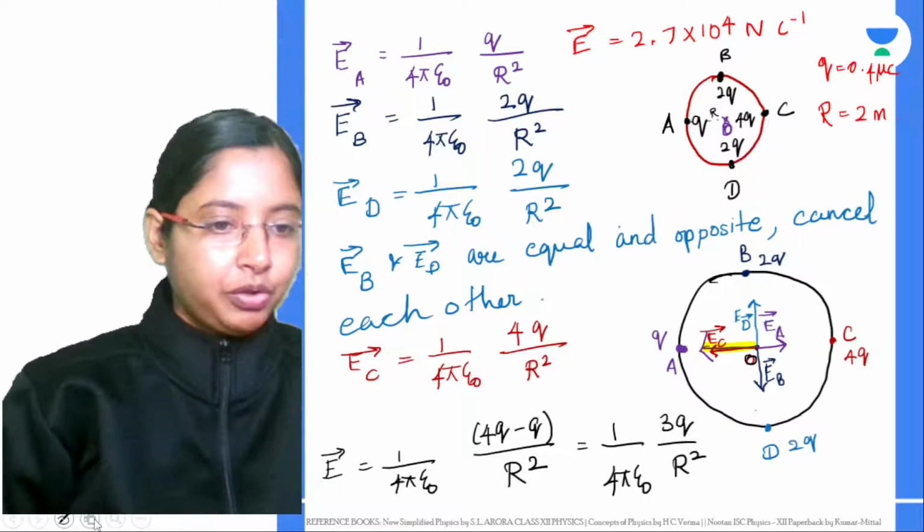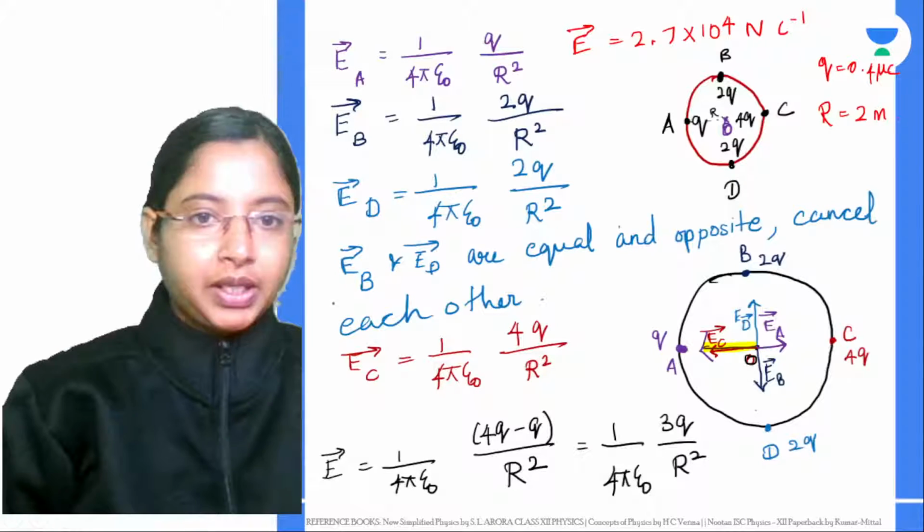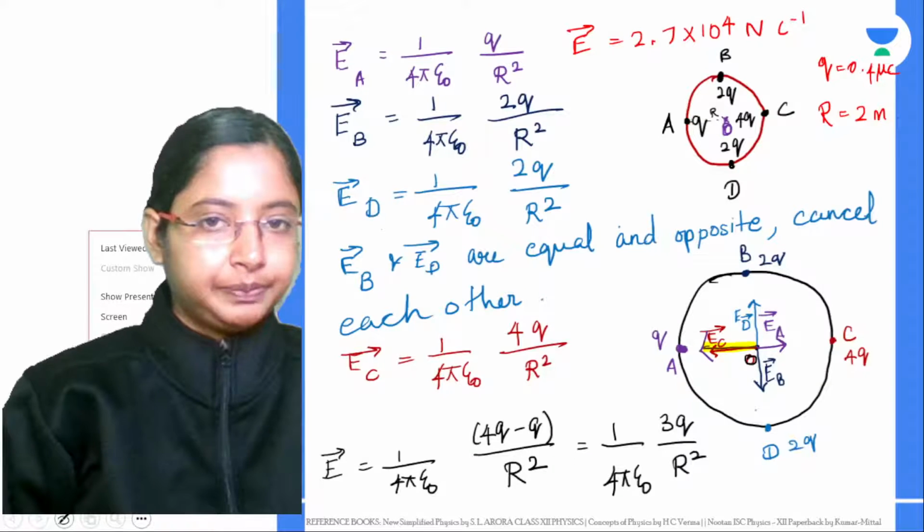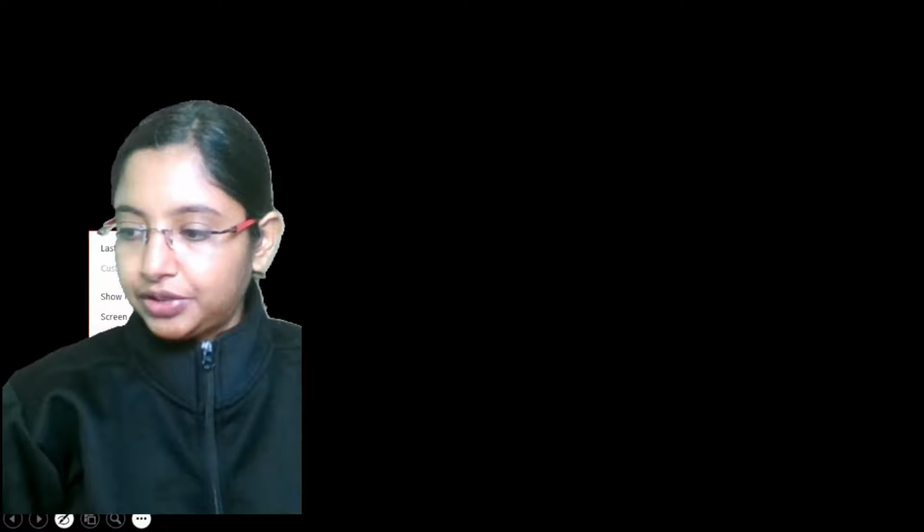And let's do one more question then, based on our electric field lines. This time let's take two charges. One is a point charge over here, A. Let's say this charge is around 3 microcoulombs.